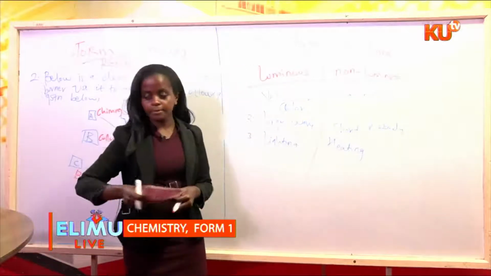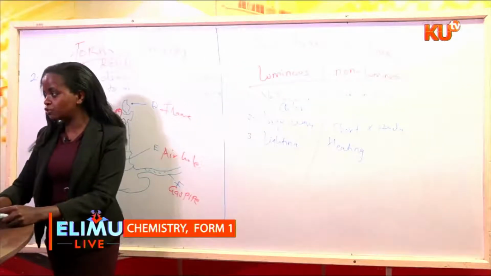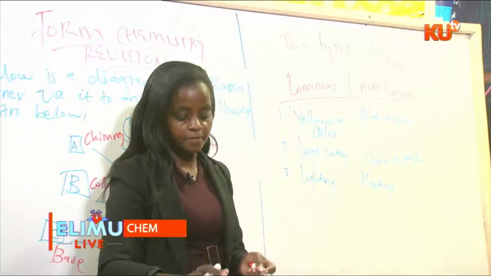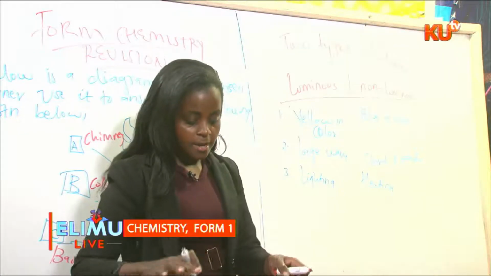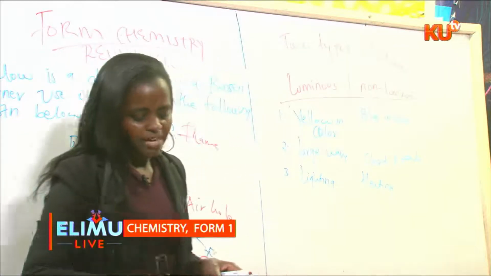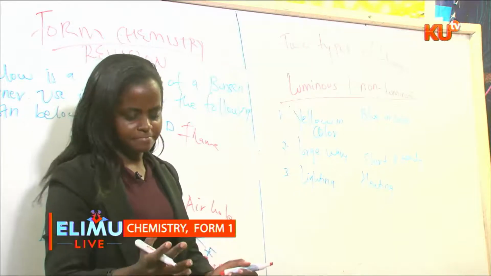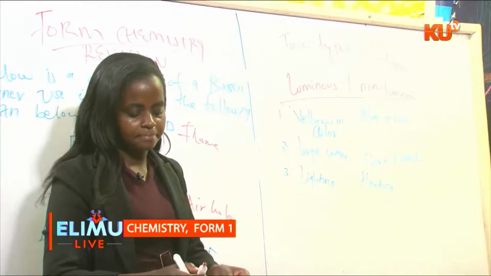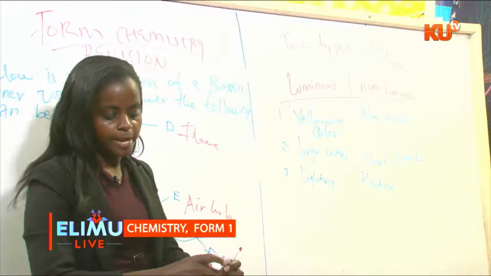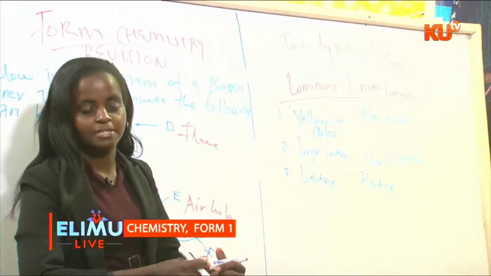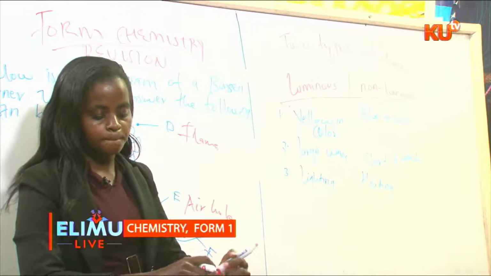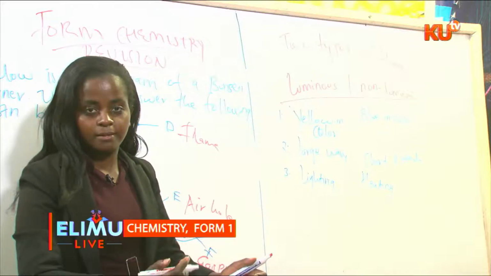So a good example that we can use when we are giving the differences is that a luminous flame is a flame coming from a candle, for example, and also non-luminous flame is a flame that comes from a cooking vessel, like a jiko.